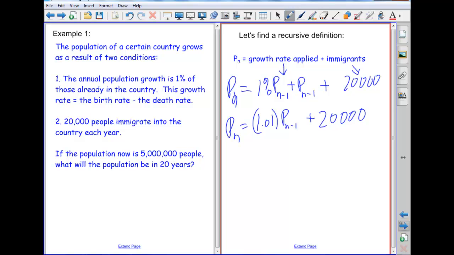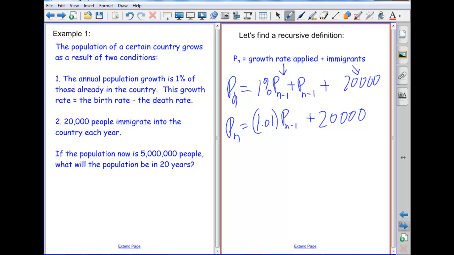And it's recursive because you're referring to just the previous term. Now, you can sneak an n into a recursive formula. It's still considered recursive because it relies on knowing the previous term. And those formulas get a little trickier when you start throwing both P of n minus 1 and n into the formula. We don't have to do it in this case. We don't want to. Because it's a steady flow of immigrants at 20,000 each year.